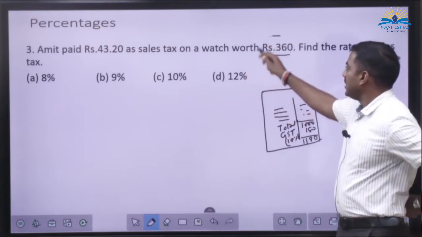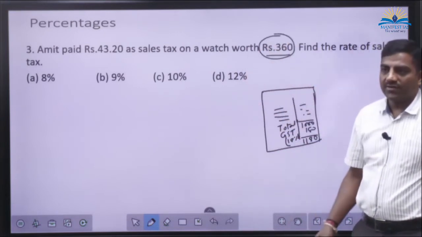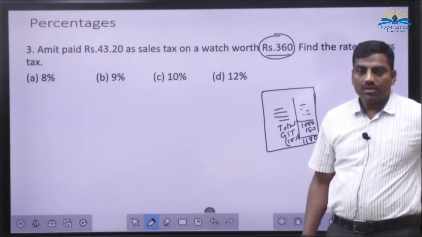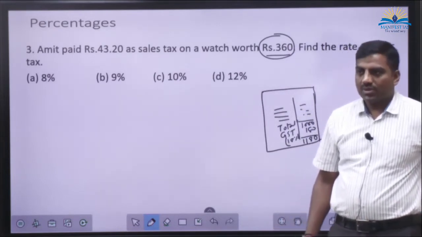So 360 is the worth of the watch. This is the price of the watch. Upon that, what are we doing? Tax.